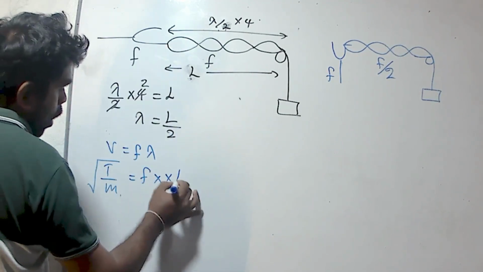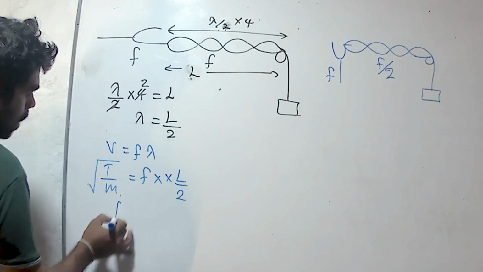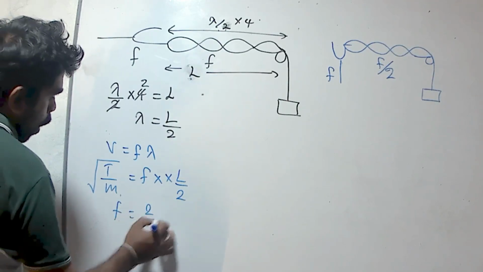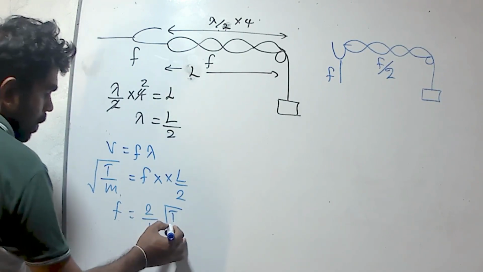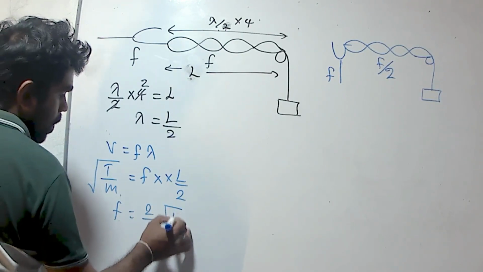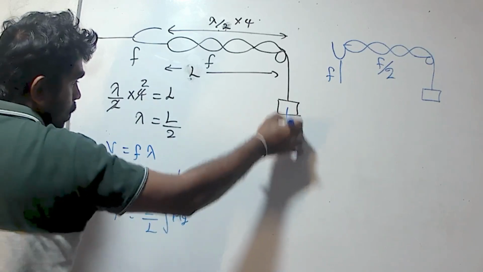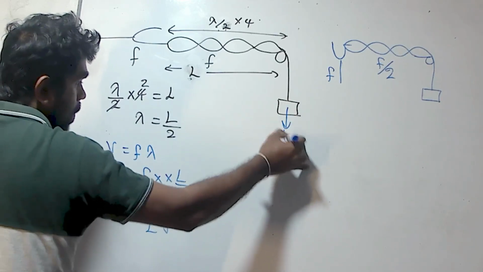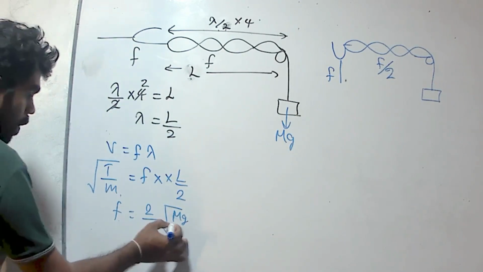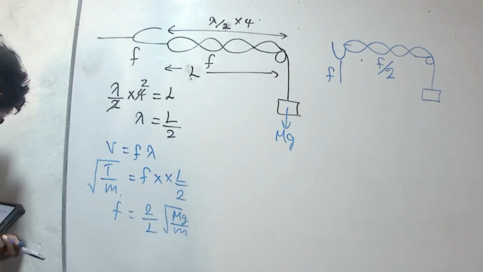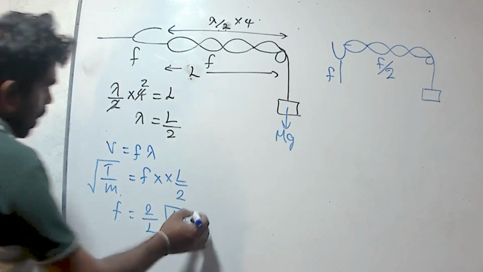Lambda is L over 2. Then we have f equals 2 over L times square root of tension over mg. Tension is equal to the weight of this part, mg. Then mg over m simplifies. Answer is 1.